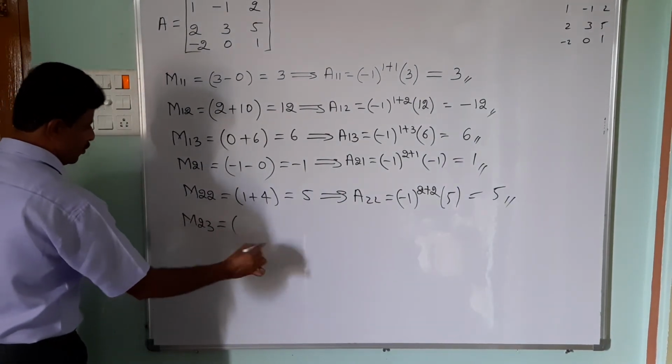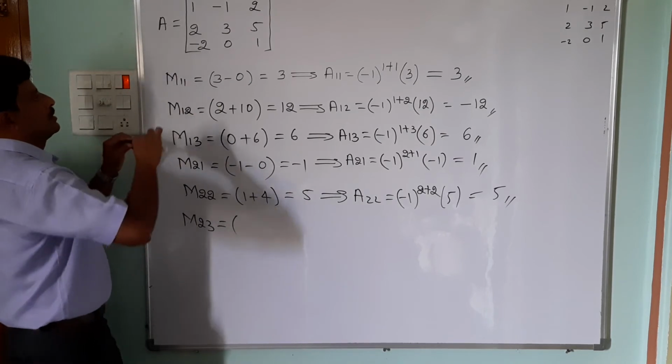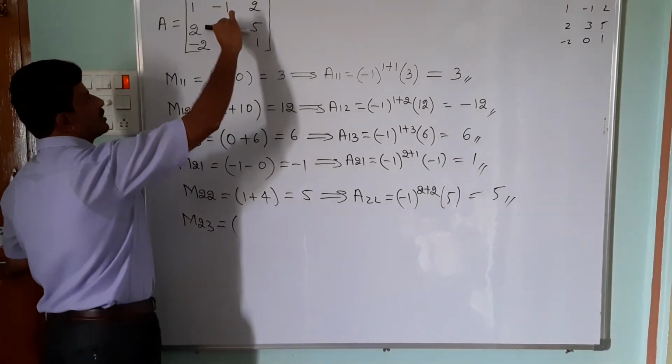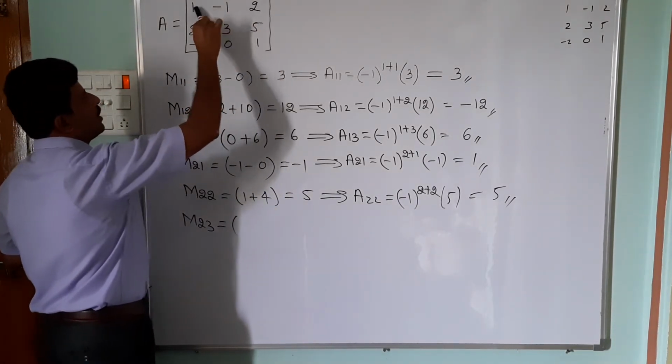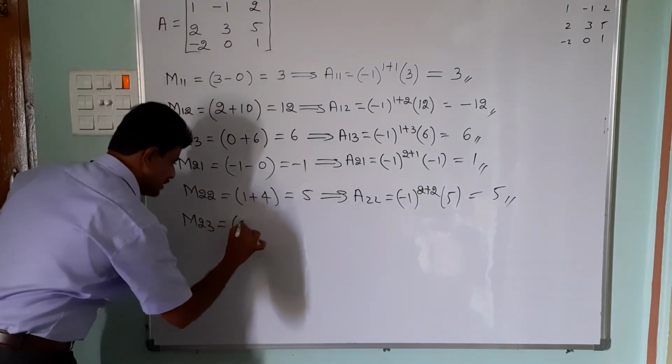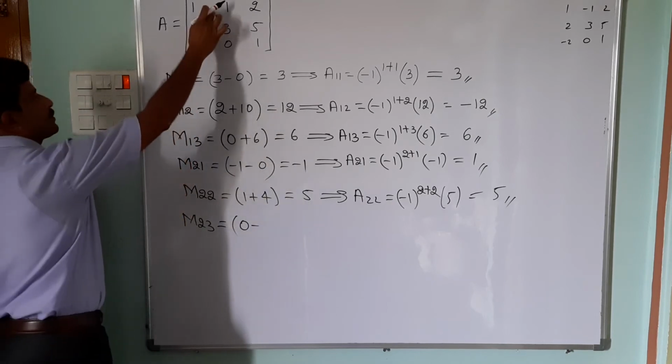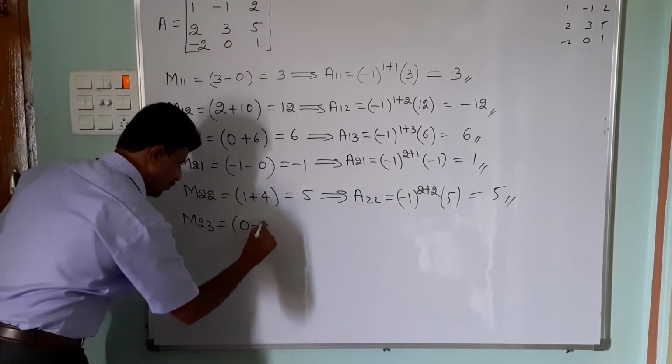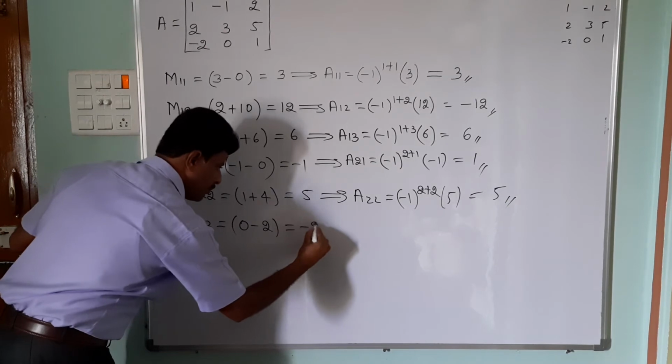Next m23. m23 means this one, 5, close this row and column: 1 minus 1, 2 0 1 into 0 0, minus into minus plus. 2 ones are 2, 0 minus 2, minus 2.